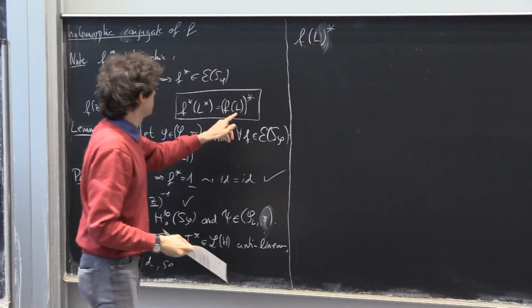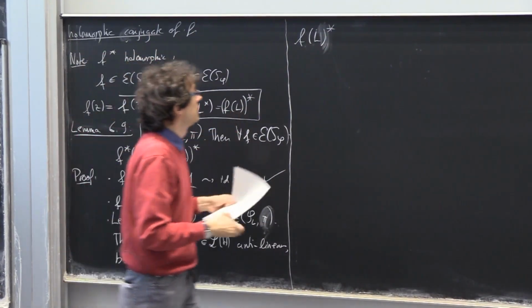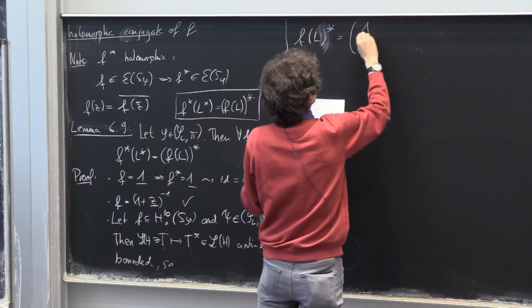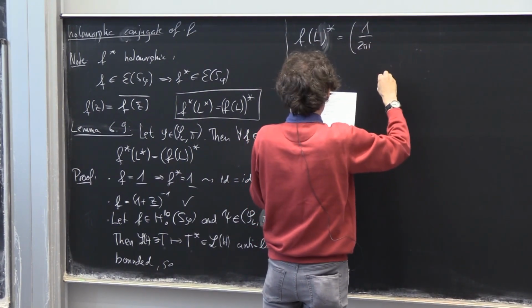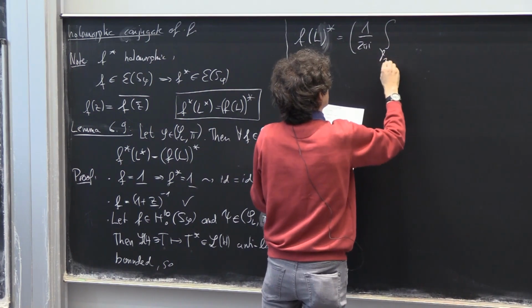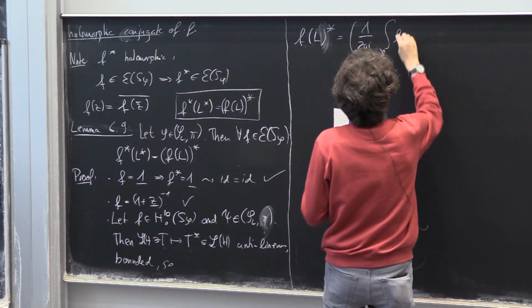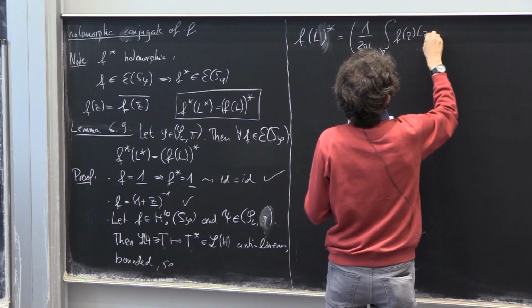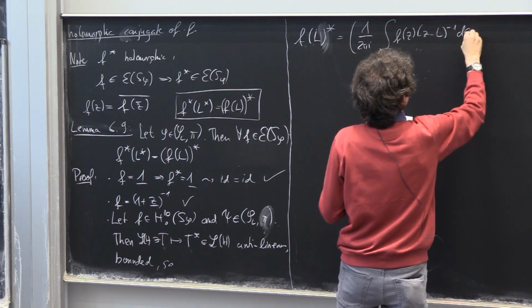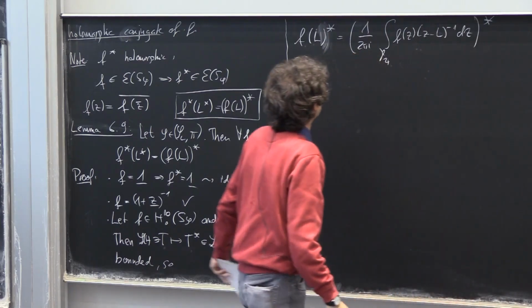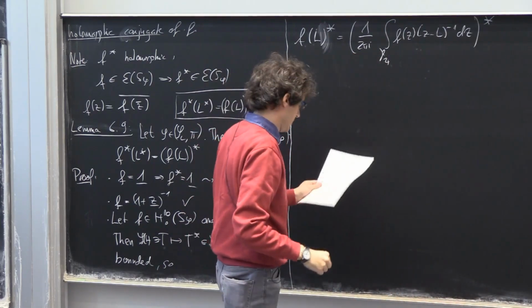We want to show this, so we write down the right hand side. This is given by the path integral, 1 over 2 pi i, integral over our path gamma psi, f(z) (z minus L) to the minus 1 dz, star.